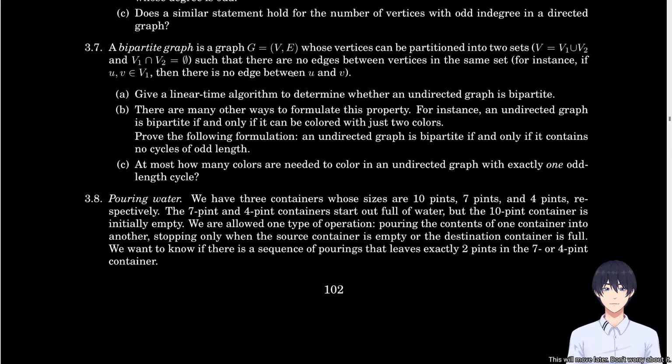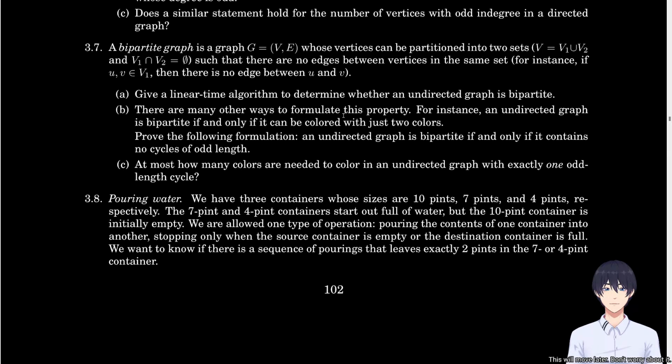Then there's no edge between U and V. For each vertex, you have to go from that vertex to a vertex in the other set. Linear in the number of vertices, and we're done. So just DFS and check that you're always going to a different set.